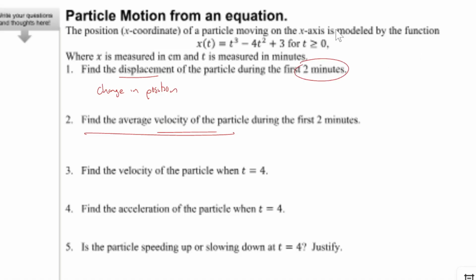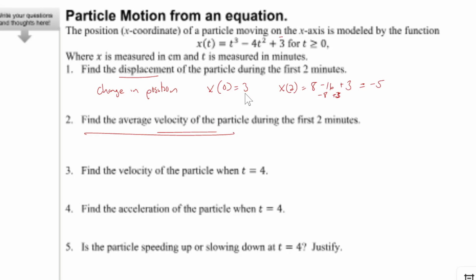So for the first 2 minutes, we can use this equation to find the two positions. Let's start with the initial position at time equals 0. So 0 minus 0, plus 3. So x of 0, the initial position, is 3. And after 2 minutes, same thing, we plug 2 in to get the position. So we get 8 minus 16 plus 3, equals negative 8 plus 3, so negative 5.